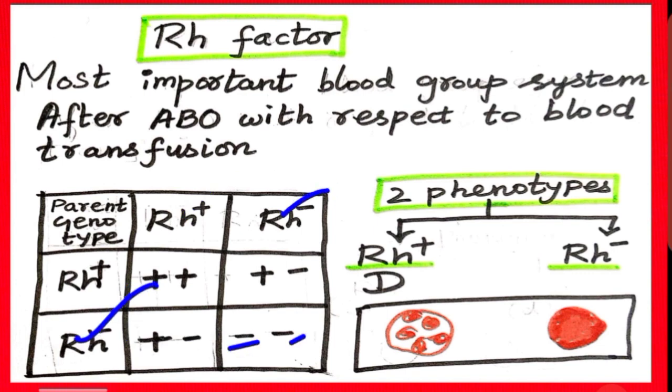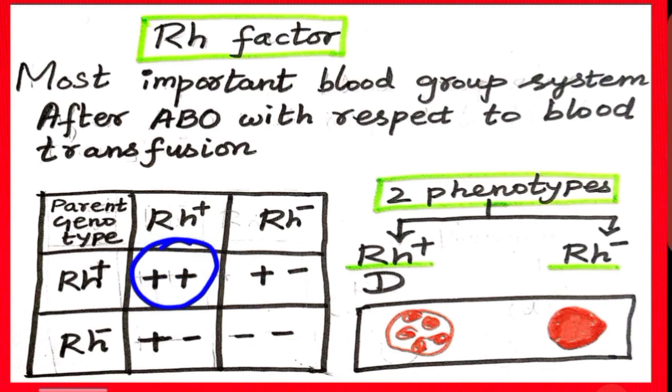minus minus. From this we get three different genotypes: plus plus, then plus minus, then minus minus genotype, right?